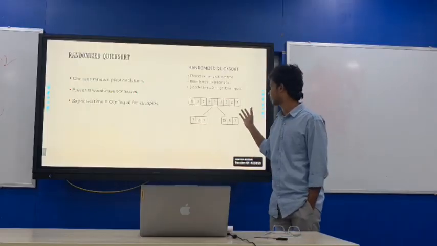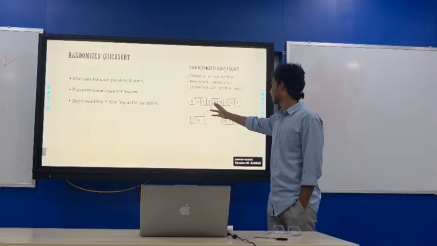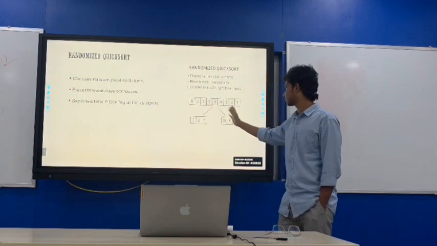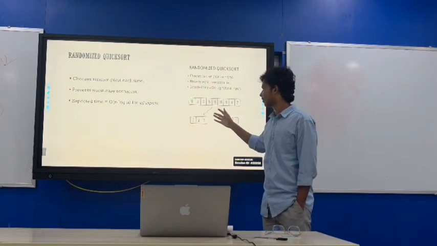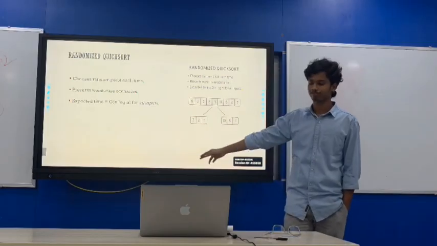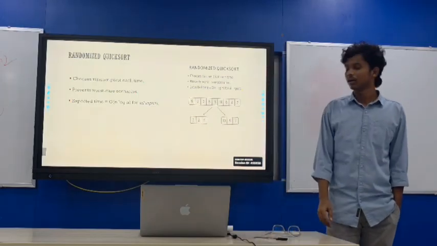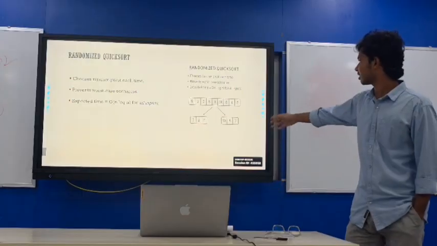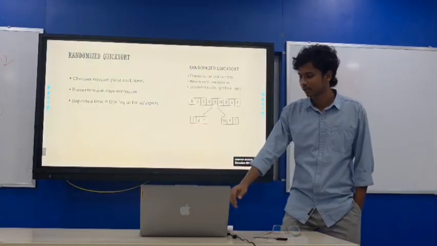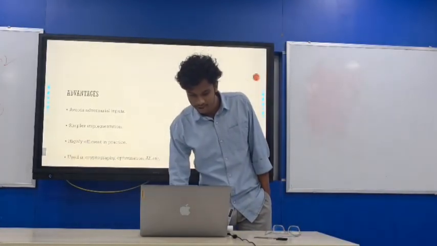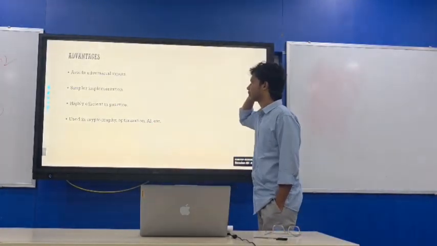Here we can see the example that when we choose the pivot randomly, it divides and sorts our array very fast, unlike when we choose the pivot first or last. What are the advantages?